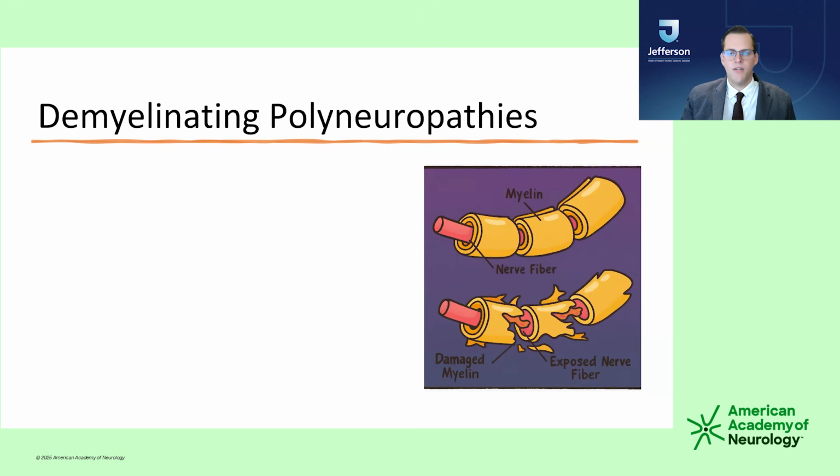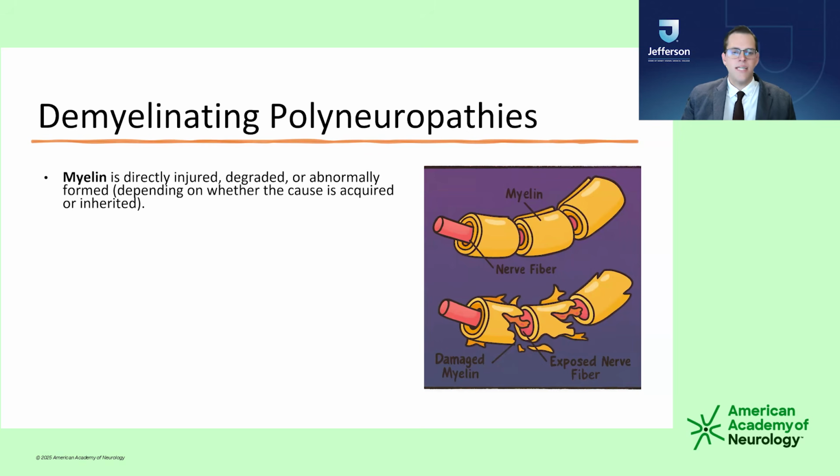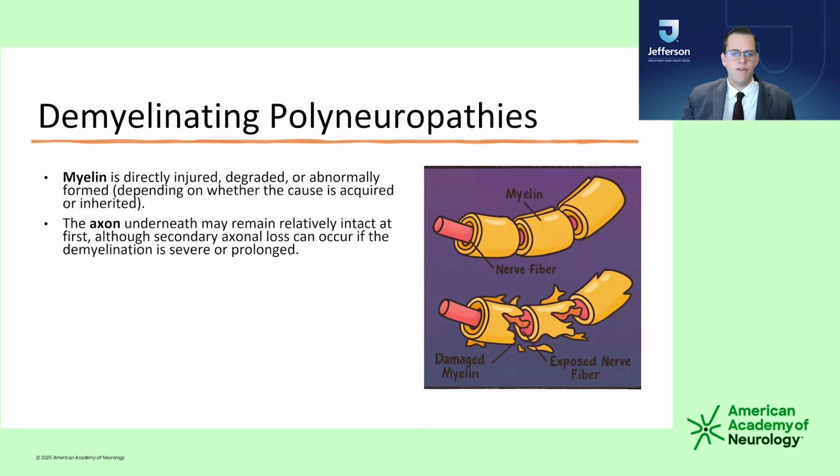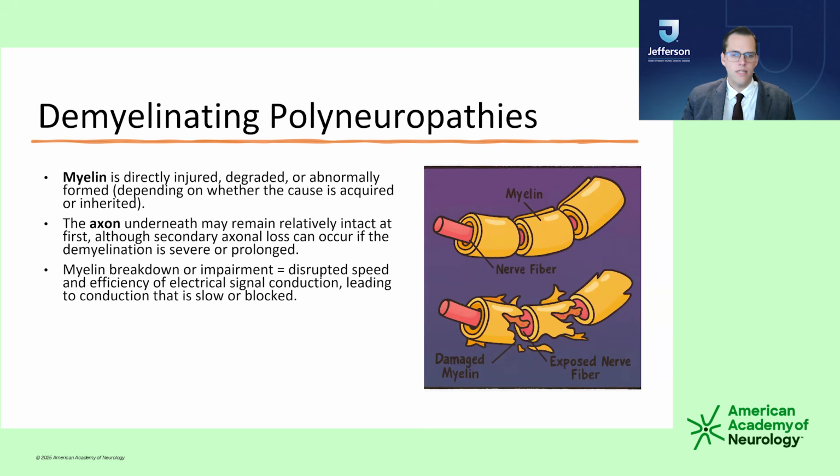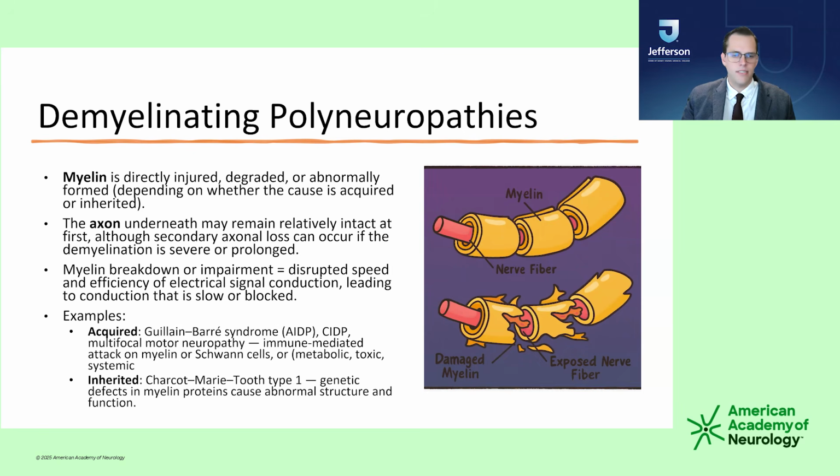Let's discuss demyelinating polyneuropathies. Myelin is directly injured, degraded, or abnormally formed, depending whether the cause is acquired or inherited. The axon underneath may remain relatively intact at first, although secondary axon loss can occur if the demyelination is severe or prolonged. The myelin breakdown leads to disrupted speed and efficiency of electrical signal conduction, leading to conduction that's slow or blocked.